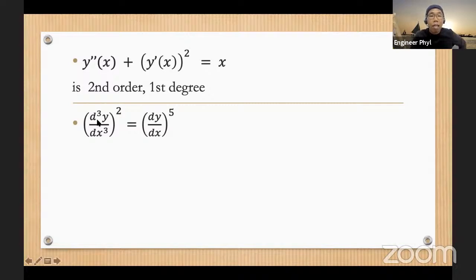As you can see, the third derivative of y with respect to x is the highest derivative in the equation. So therefore, the order of the differential equation is third order. And since the exponent of this highest derivative is 2, the degree of this differential equation is second degree. Okay? If you have any questions, just comment down below.